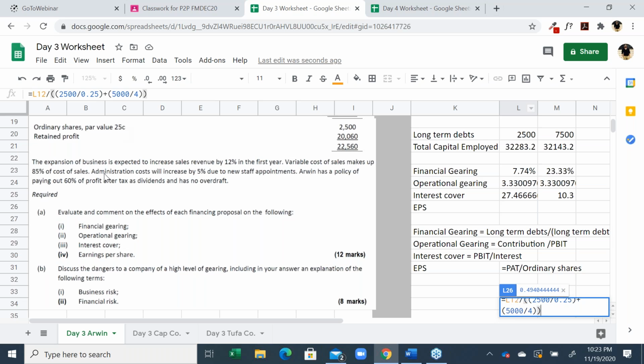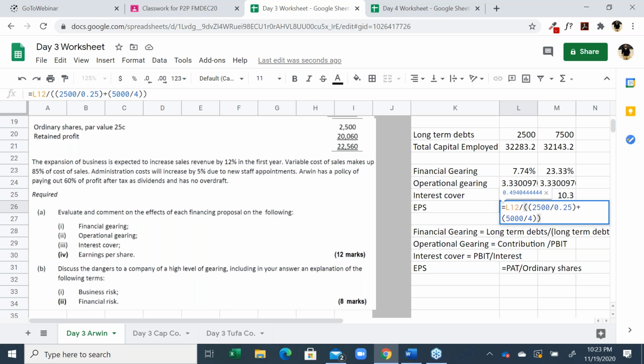So now we are dividing our profit after tax by the total number of shares in issue after choosing the equity finance. So the earning per share will be 0.49404. And if we want to convert it into dollars, we can also convert it into cents, but no need to do it.